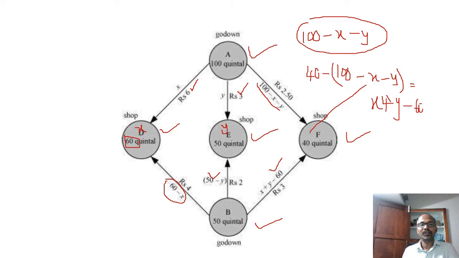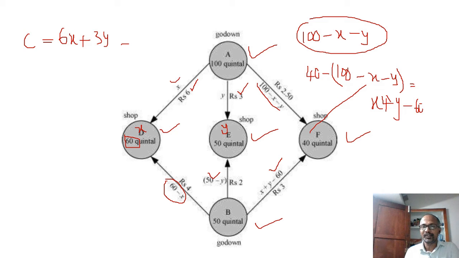Now the quantity is given on one side, the rate is given on the other side. So what will be the transportation cost? It is going to be a lengthy expression: 6x plus, because x units are to be transported at the rate of 6 per quintal. Similarly 3 into y, plus 100 minus x minus y into 2.5.